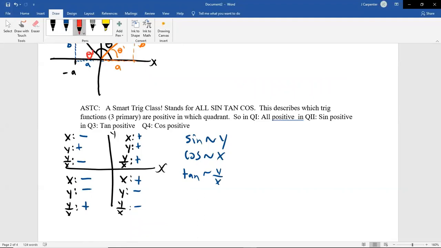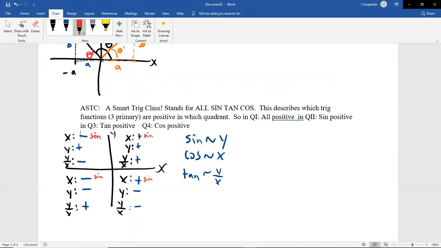So because when you go right, x is positive, that says your cosine is positive in quadrant 1, and it's positive in quadrant 4. But to go left, that makes it negative, so your cosine is negative in quadrant 2 and in quadrant 3. Your y value is whether you're going up or down.